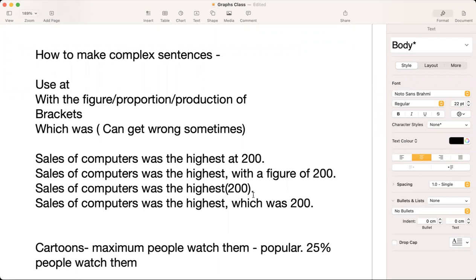The last option is which was 200. So you can make complex sentences like that. Whenever you have a sentence with maximum and you want to give the data as well, you have to do this. You cannot simply put another was there. That's a wrong sentence. So there are 4 options. We'll cover the 4 options again in detail.